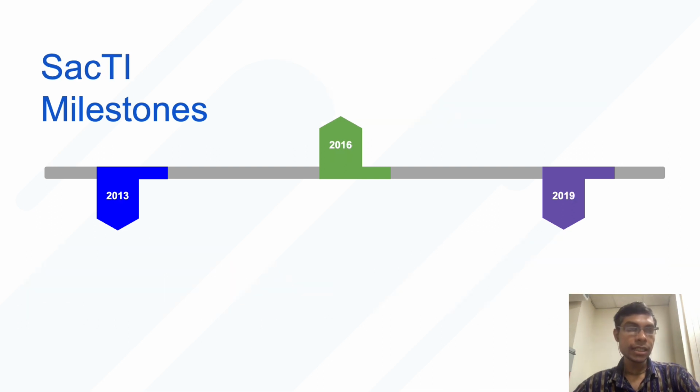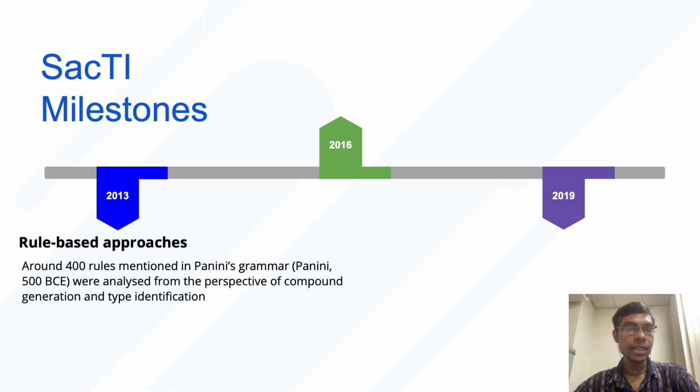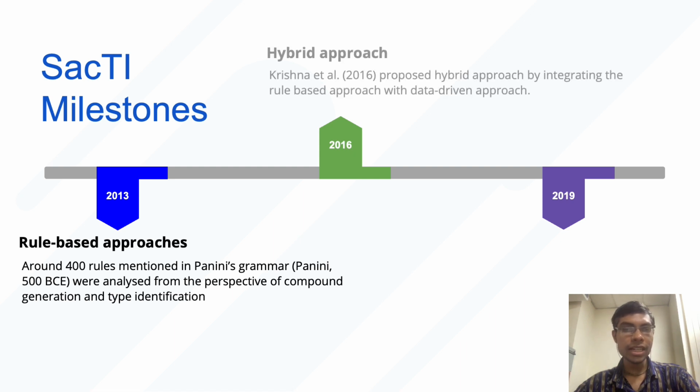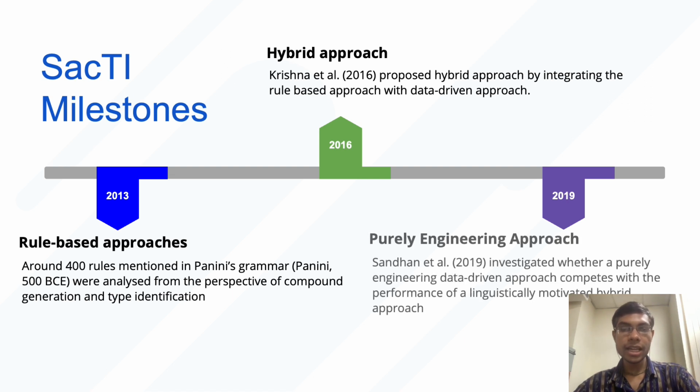Specifically for Sanskrit compound type identification, the earlier approach was rule based, where Panini's rules were used to build the approach. In 2016, Krishna proposed a hybrid approach by integrating the rule-based approach with a data-driven approach. And in 2019, Sandhan explored whether a purely engineering approach can outperform the hybrid approach.